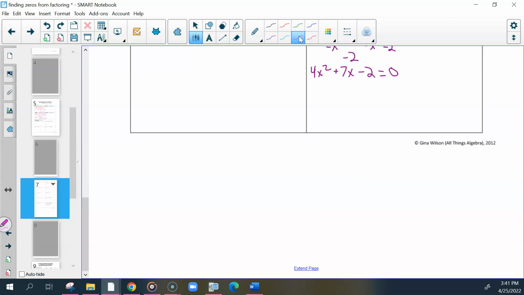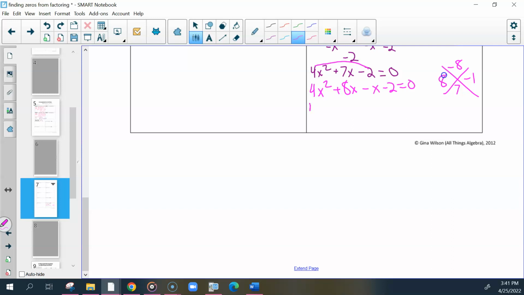So just to show you one more example like this does not have a GCF, so we're looking for two numbers that multiply to be -8, but add to be 7. I think I said that wrong. Multiply to be -8, add to be 7, so +8 and -1 would work. So 4x squared plus 8x minus 1x minus 2.